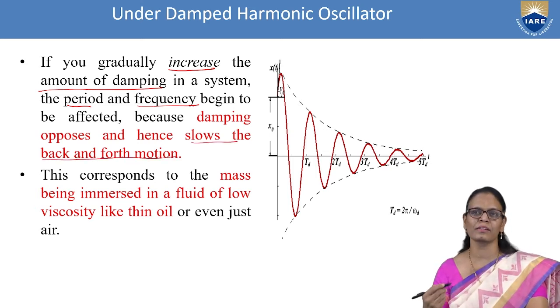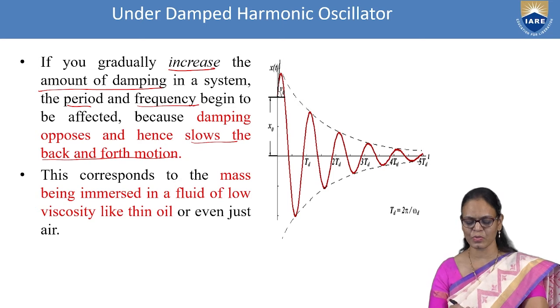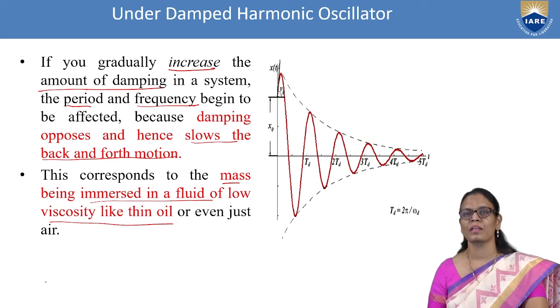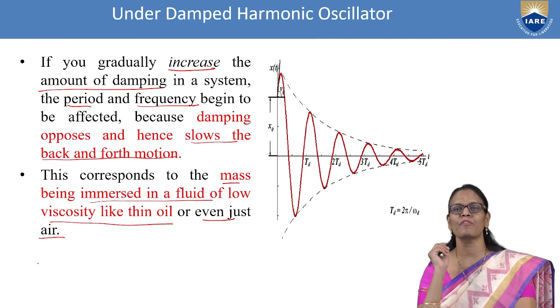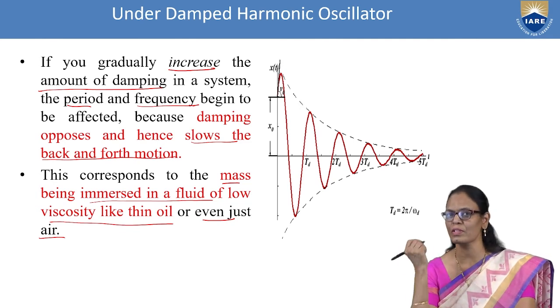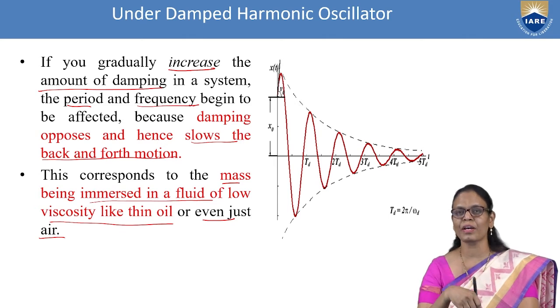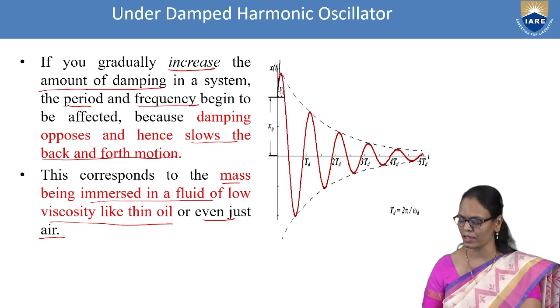So as the amount of damping increases, the time period and the frequency also change. This we will see in case of a mass that is immersed in a fluid of low viscosity like thin oil or even just air. So air also offers some resistance. Because of that also there may be a damping force. So what we are seeing here is whenever the damping increases, the time period and the frequency are also getting affected.